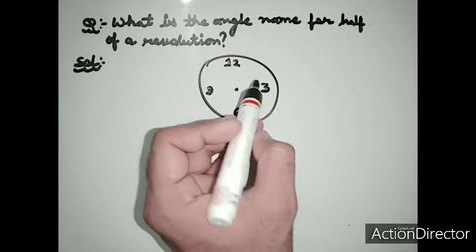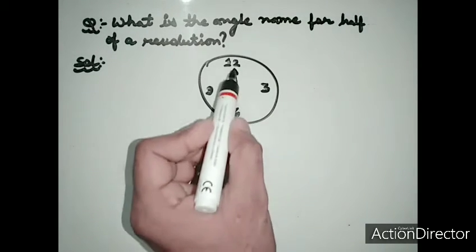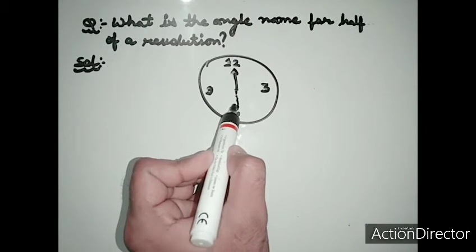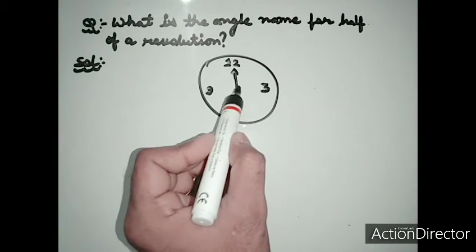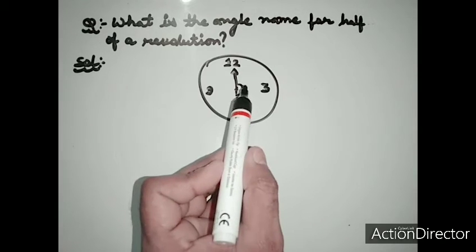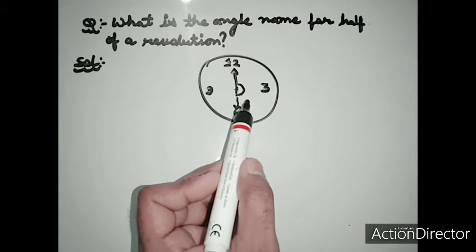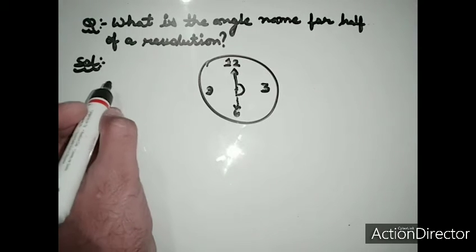Half of a revolution means when this minute hand moves from 12 to 6, it moves this half of a revolution. So what is the measure of this angle here? Right, 180 degrees.